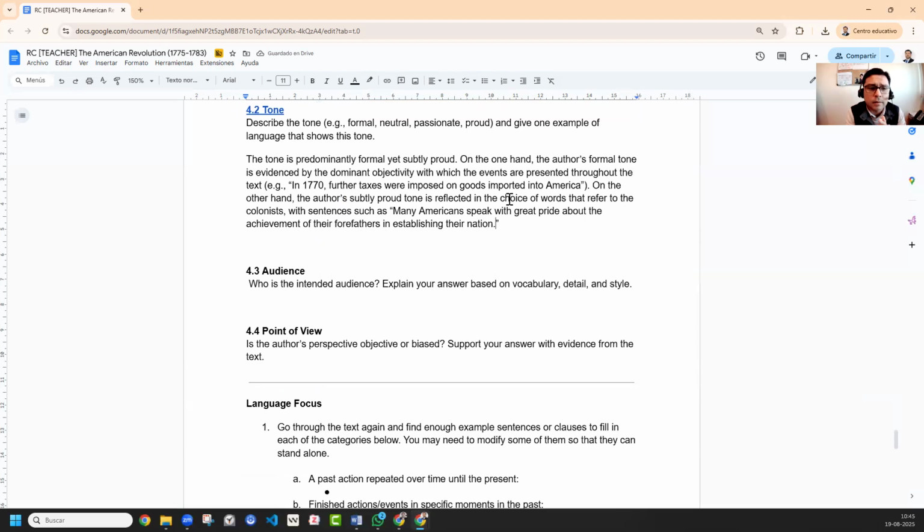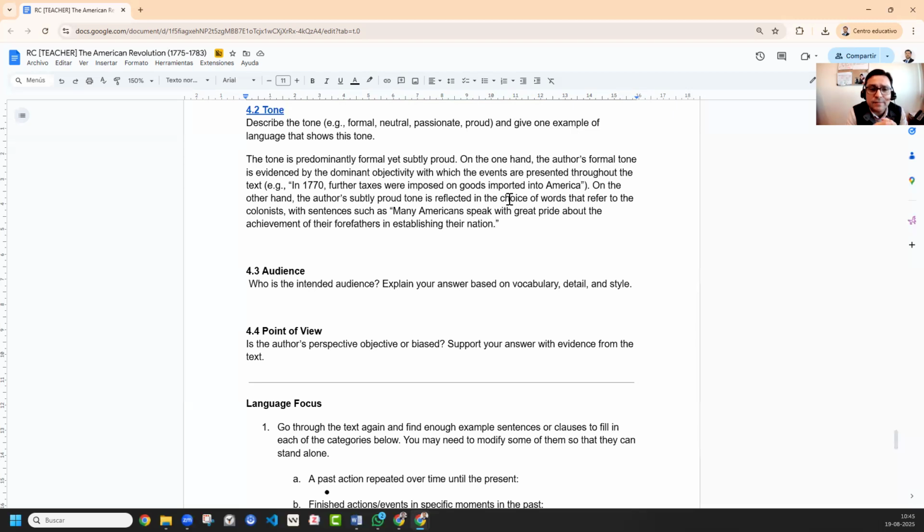Okay. The tone is predominantly formal yet subtly proud. On the one hand, the author's formal tone is evidenced by the dominant objectivity with which the events are presented throughout the text. So don't forget to explain your thoughts in writing. That's very important. E.g., so there we have one example.